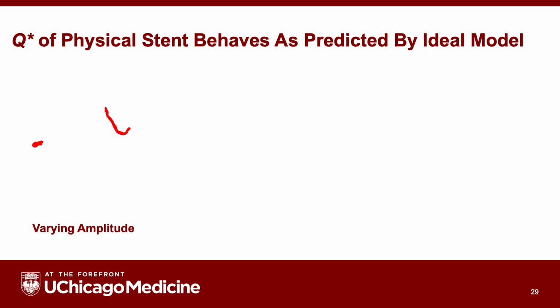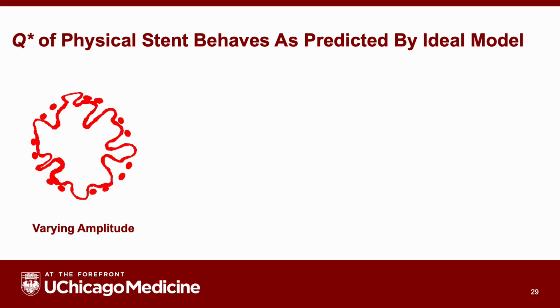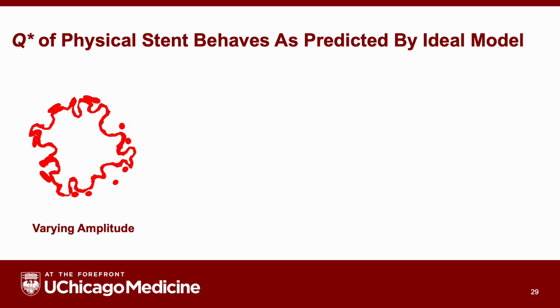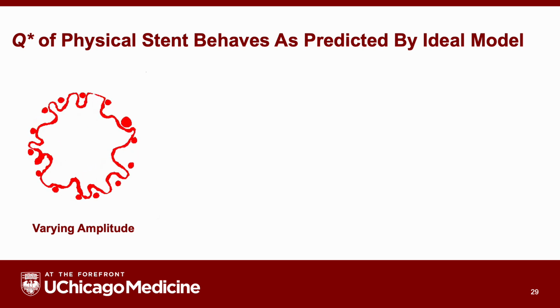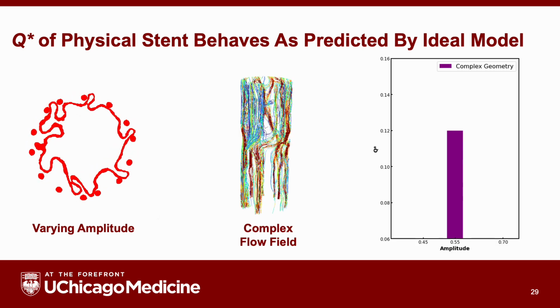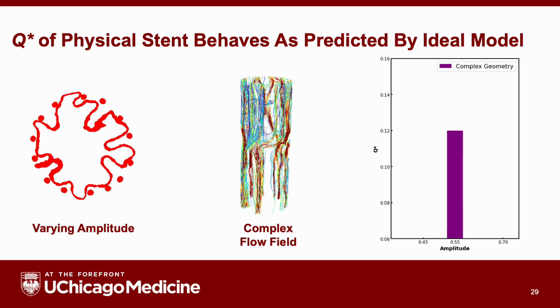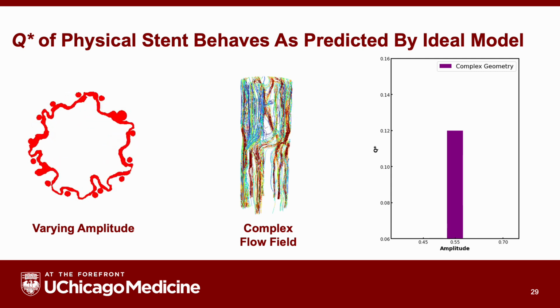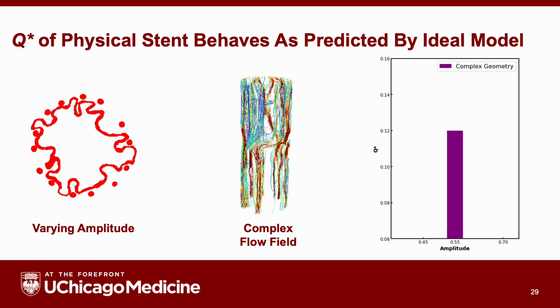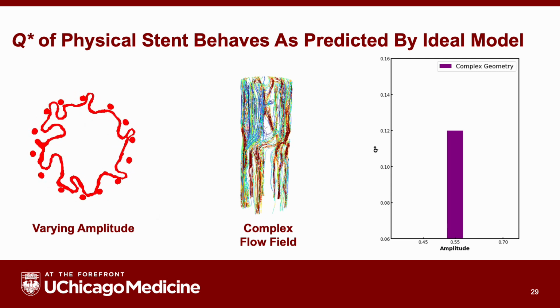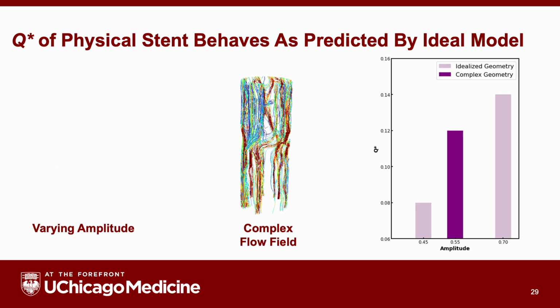In this case, the amplitude is around 0.55 and the normalized Q is 0.12. The idealized models at the lower and higher amplitude actually provide a lower bound and upper bound for this complex flow field, which suggests that the idealized model can give significant insight into the flow field in a much more complex geometry.